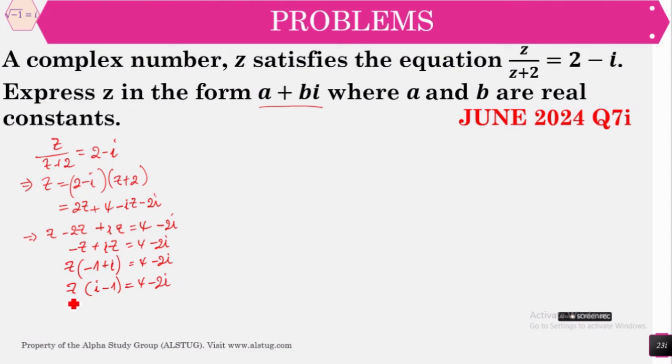From here, we are going to divide both sides by i minus 1. If we do this, i minus 1 cancels i minus 1 on the left hand side, and our solution continues as z will be equal to 4 minus 2i on i minus 1.